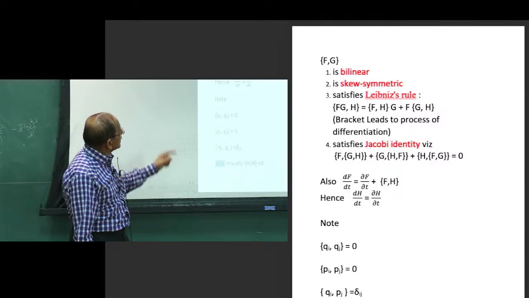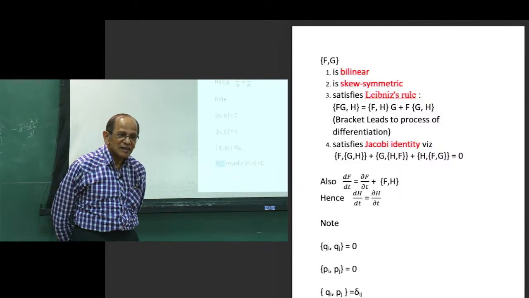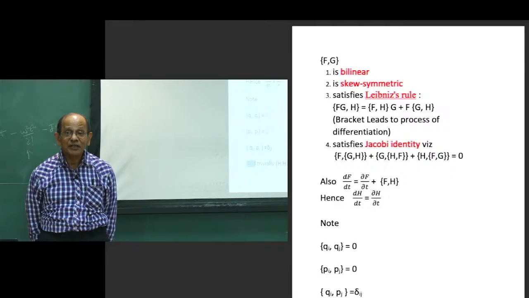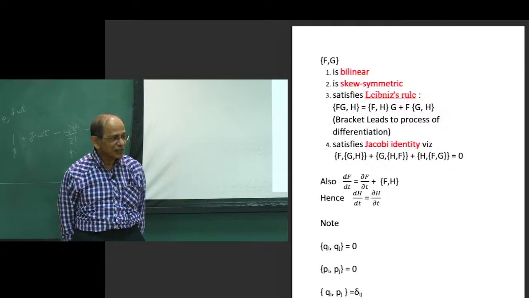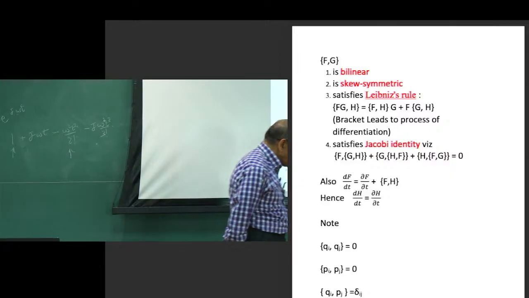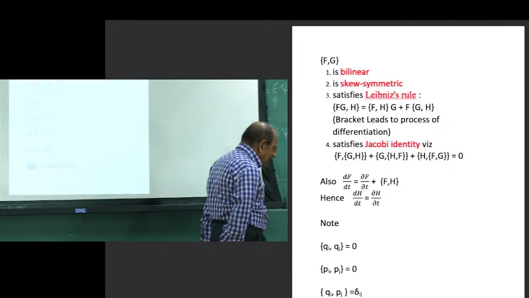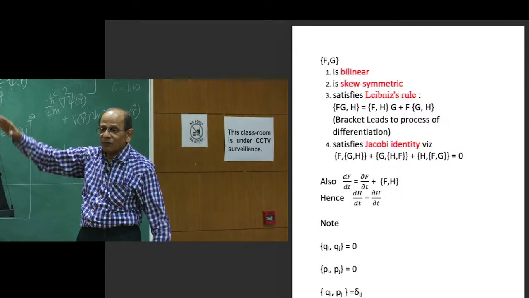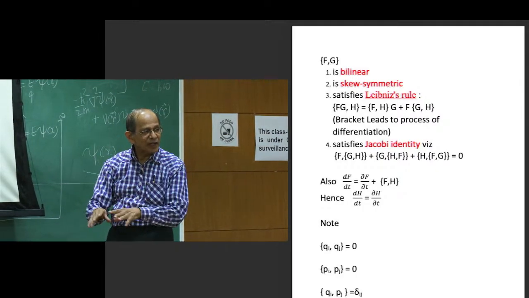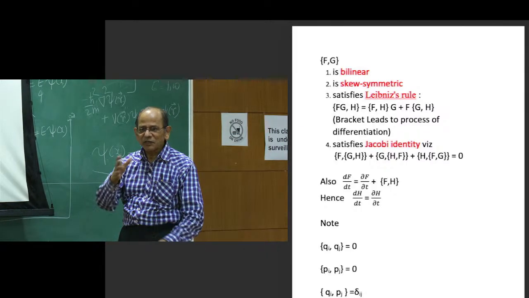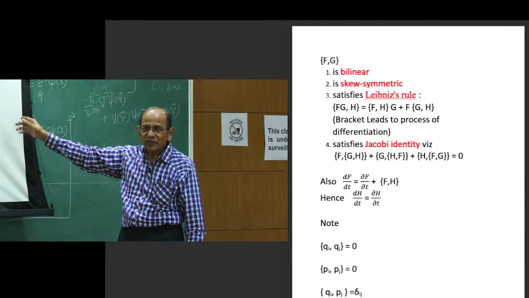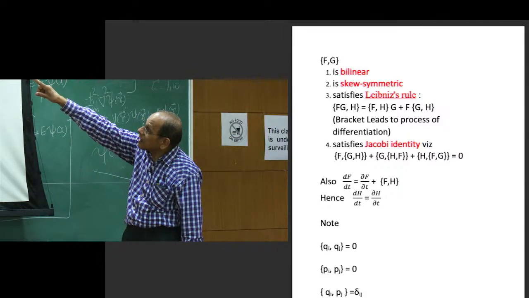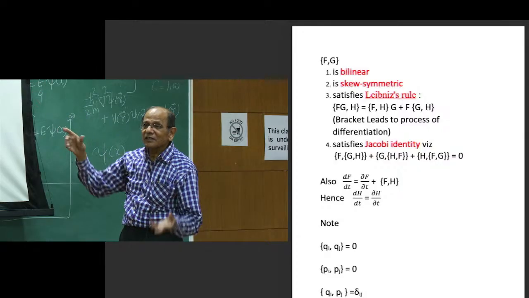Now, the important thing at this stage to realize, and this is what Dirac had realized, is that this leads to a process of differentiation in the space of observables. What is a derivative? A derivative requires linearity and it satisfies Leibniz's rule. So, in the space of functions defined on the phase space, that means functions like f, g, h and so on, which are functions of position on phase space, you have linearity, the first property, and the third property is Leibniz's rule.